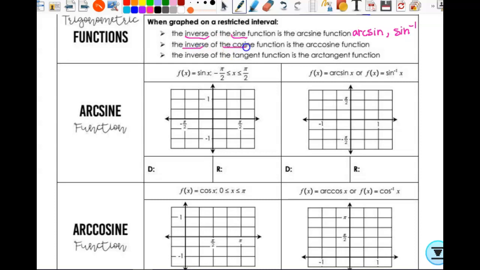The inverse of the cosine would be arc cosine or cosine inverse. And of course, the inverse of tangent would be the arc tangent or the tangent inverse. And then the same is true for the reciprocal functions, but we're not going to write all those out because hopefully you get the hang of it from here.